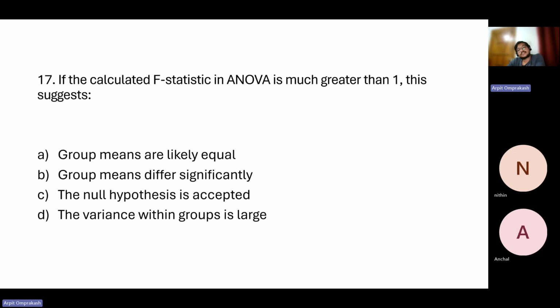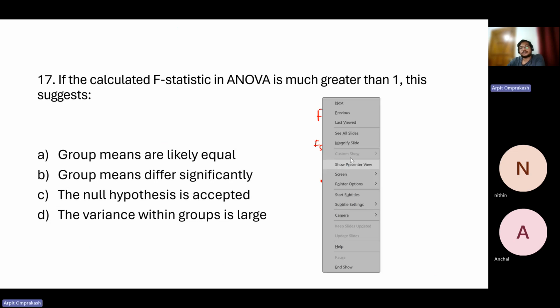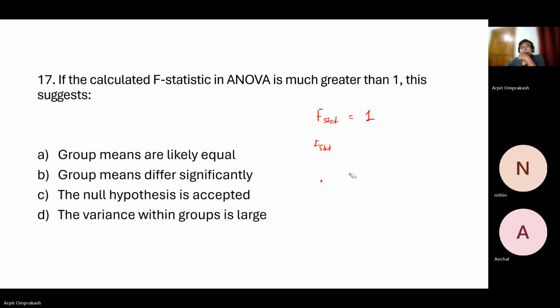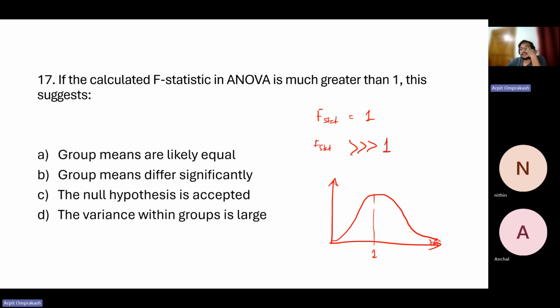Question 17. If the calculated F statistic in ANOVA is much greater than 1, this suggests that... The F statistic is supposed to be ideally 1, but if it's very far from 1, very much greater than 1, then what we basically have is a distribution, and our statistic is somewhere towards the end.